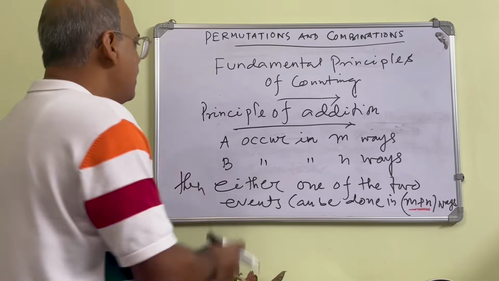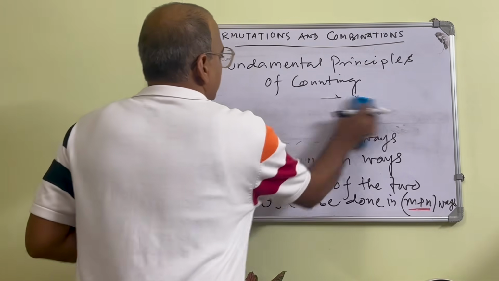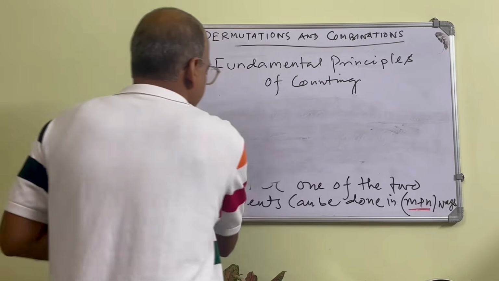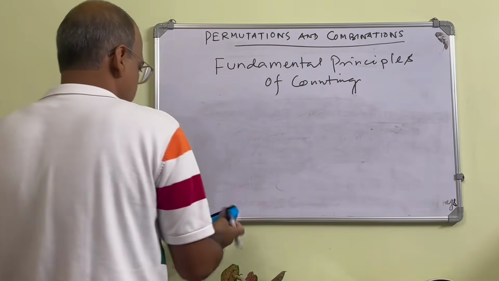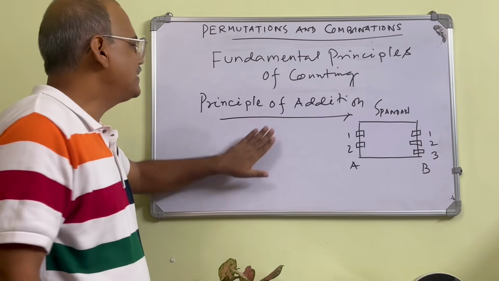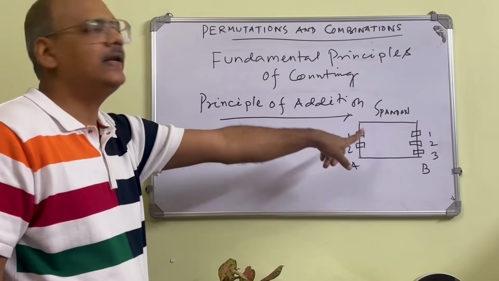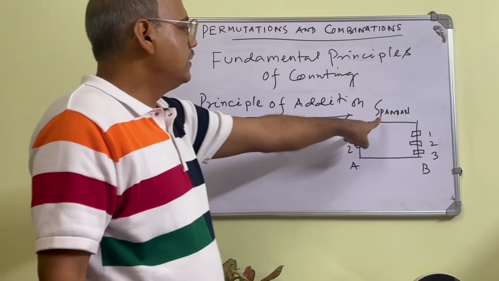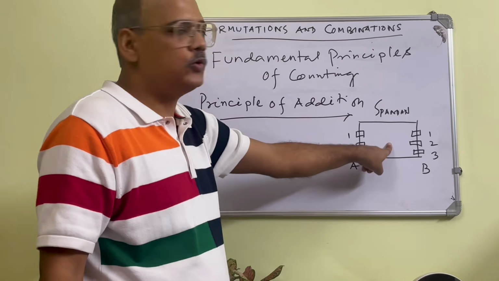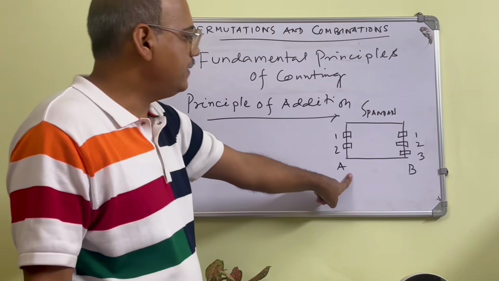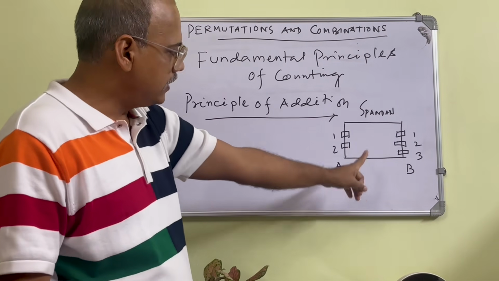Let me give you an example so it will be easy to understand for you guys. So let's understand this principle of addition through an example. Let's say Spandan is in this room, the room having a total of 5 doors.